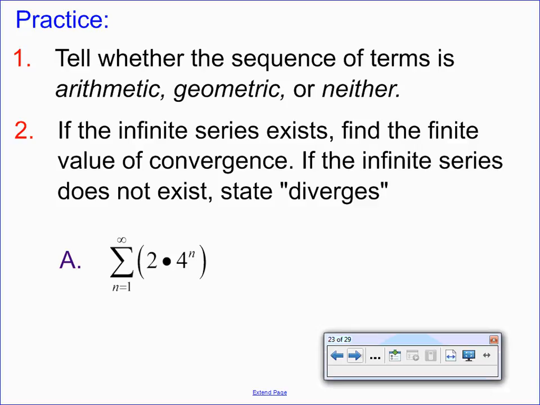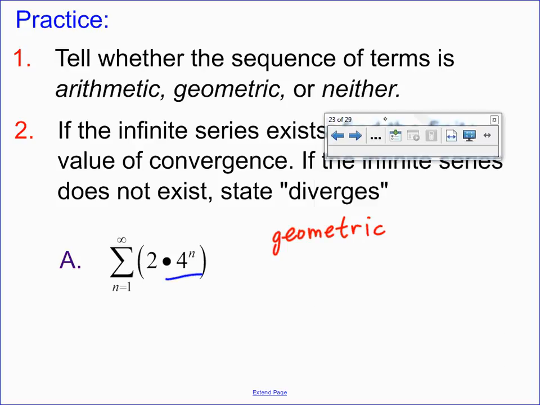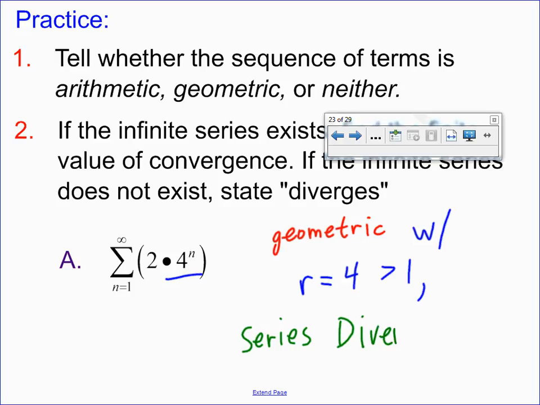My number 1, I can first say the sequence is geometric, with constant ratio r equals 4, which is greater than 1. Therefore, the series will diverge. Hey, 1 down. On 4, that was a quick practice.